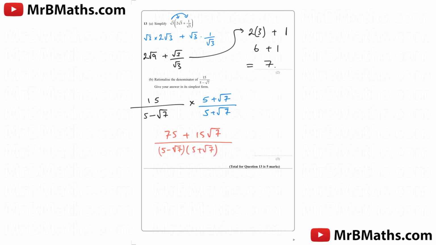So I'm just going to take this expansion here and fold this out. So we end up with 25 for the first. The outside we end up with plus 5 root 7. Then we have minus 5 root 7 minus root 49.